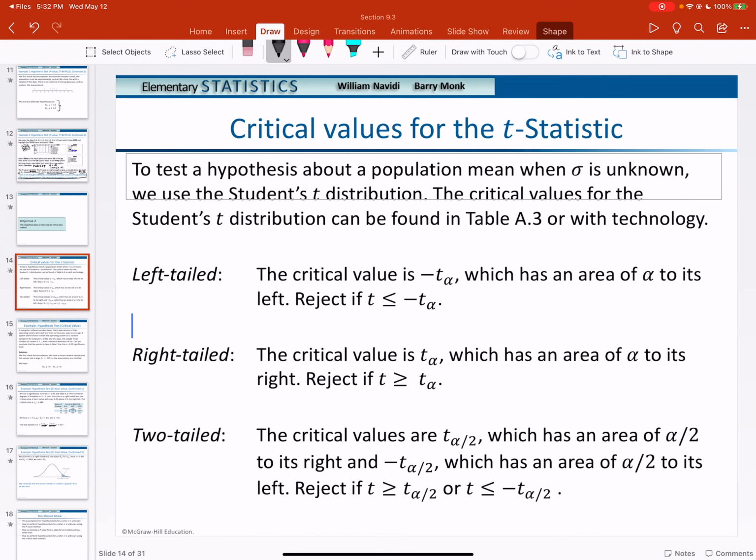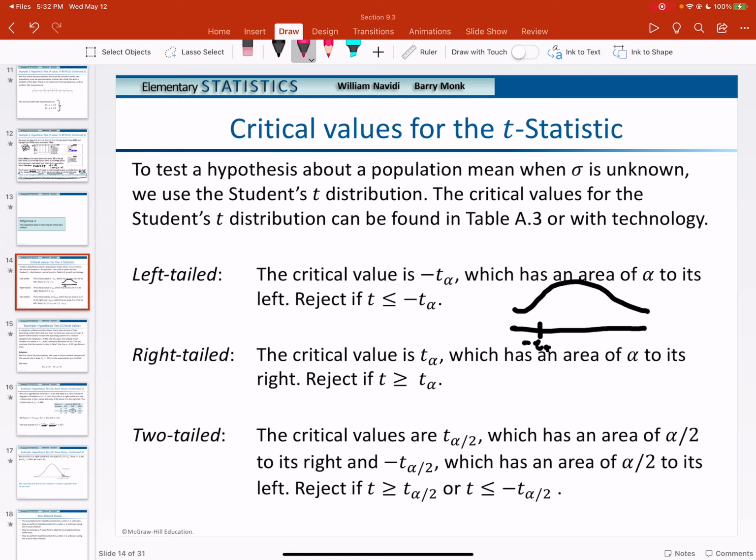Okay, so the critical value for a left tail test is denoted with the symbol negative T sub alpha, and I'll show you what that means in the picture here. So if we have a picture, the left tail test will be to the left, and your value negative T alpha would be here, and then the shaded part is like right here. So that would be your critical value, negative T sub alpha.